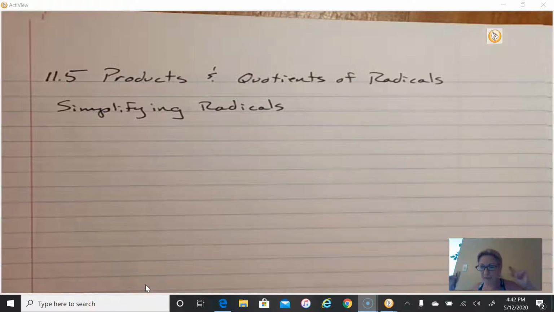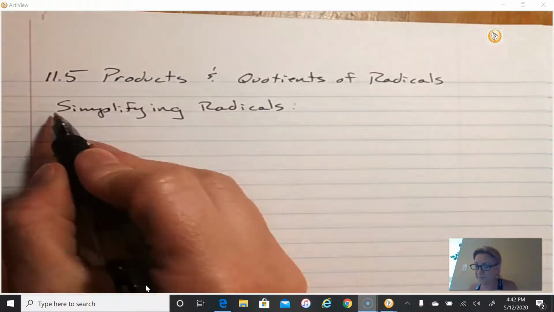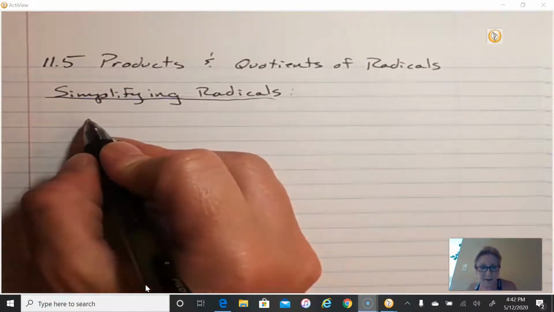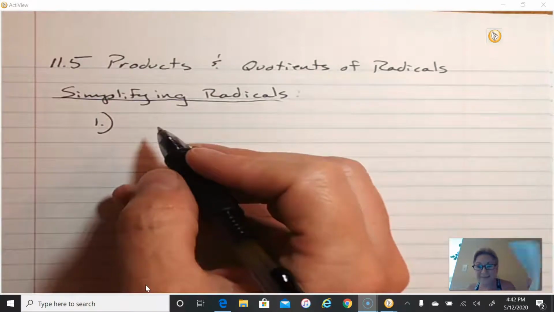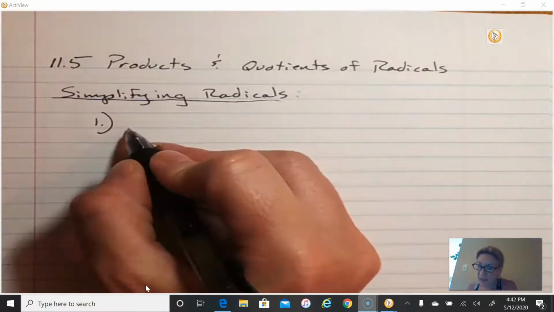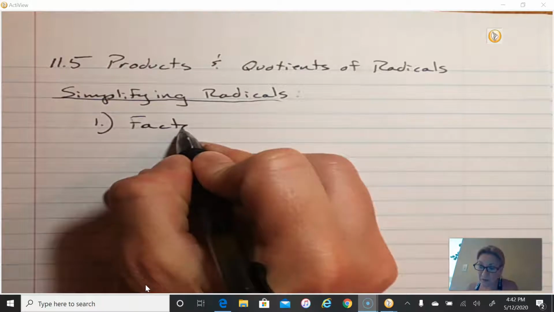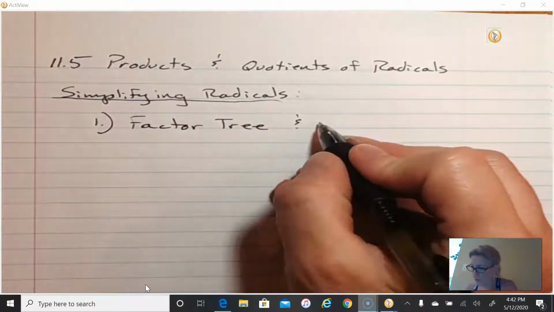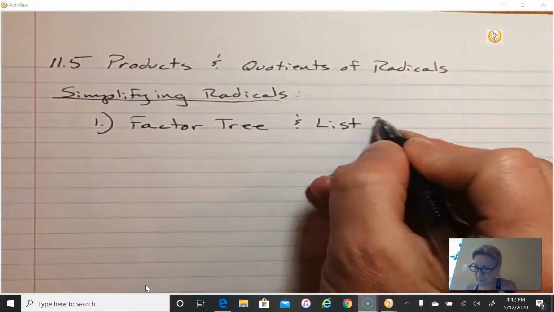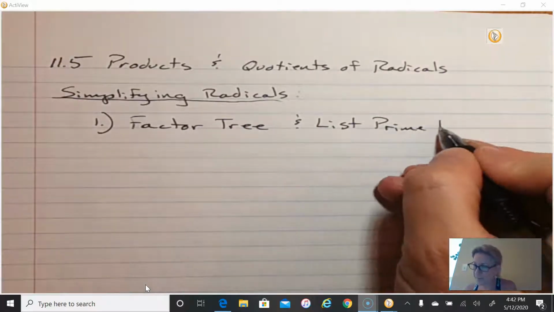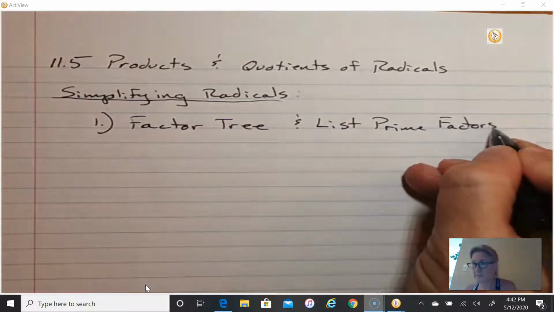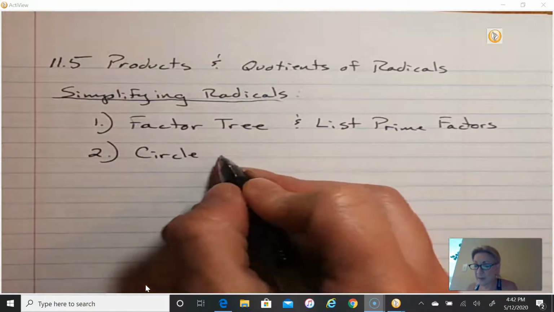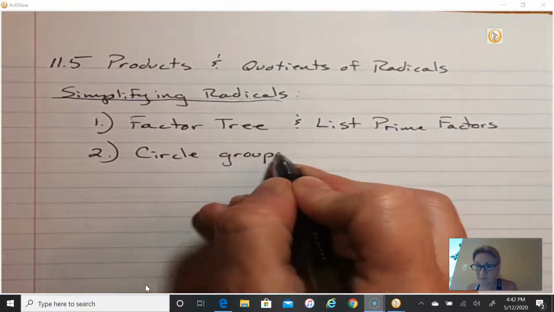Okay, so here we go. The steps to simplifying radicals. Step 1, and I have all my notes, so today will be a lot better. What you're going to do is the factor tree. Remember the factor tree? You're going to do the factor tree and list all the prime factors. Step 2, you're going to circle groups of 2.